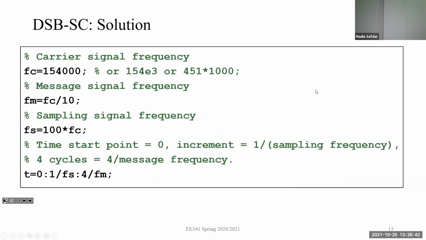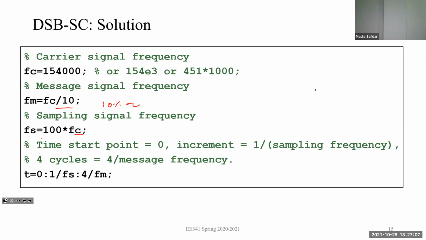So now Fc is the carrier frequency. It was given as 154,000. Then Fm is equal to Fc divided by 10, because it was 10% of your carrier frequency, right? Then the sampling frequency is 100 times the carrier frequency. This was all given in the question.